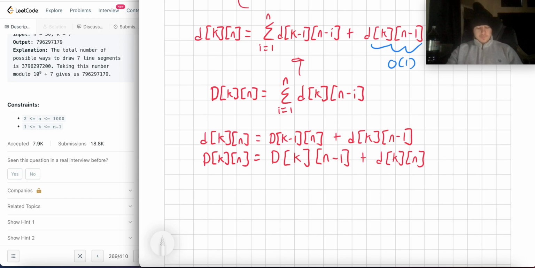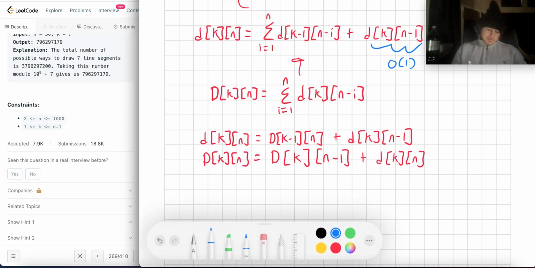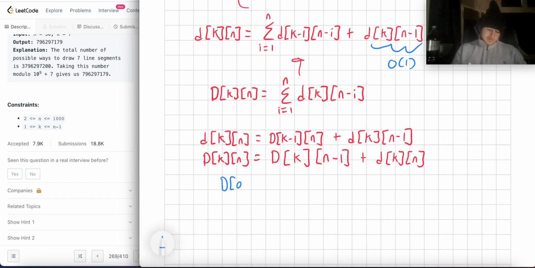Right? Now, what are our initial values? Well, in any space, d of 0 for any n value equals 1.